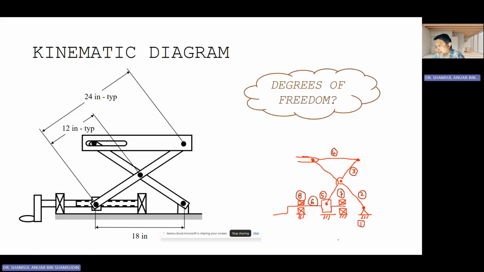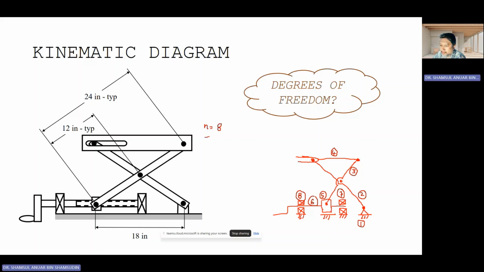Okay, once you get that done out of the way, our N is 8. I hope you get that part.